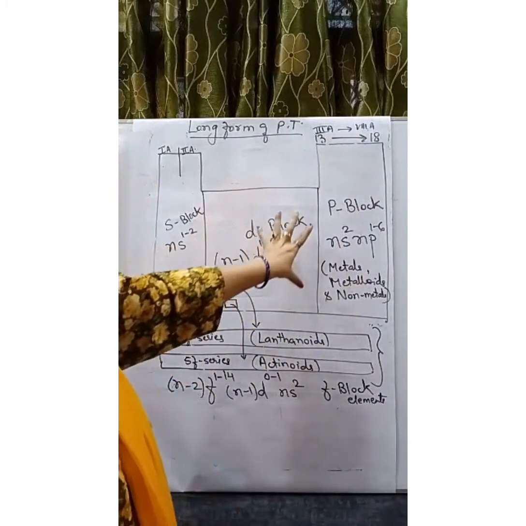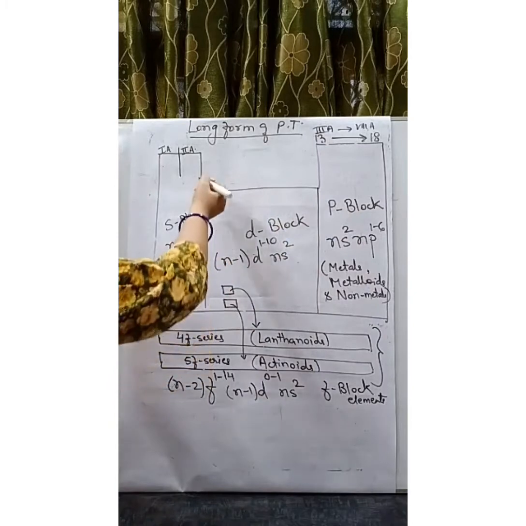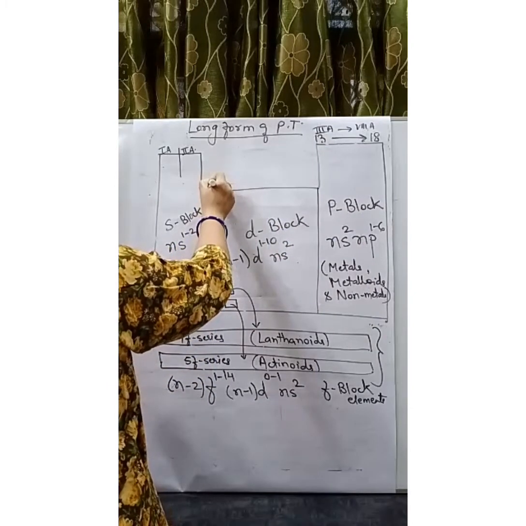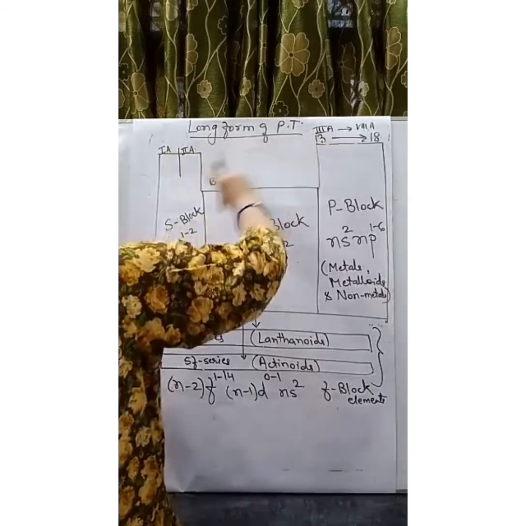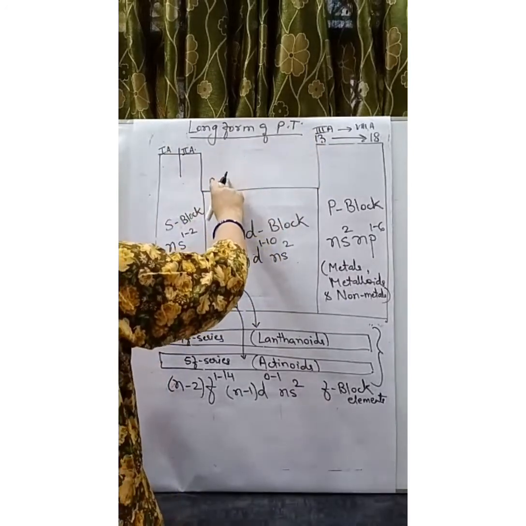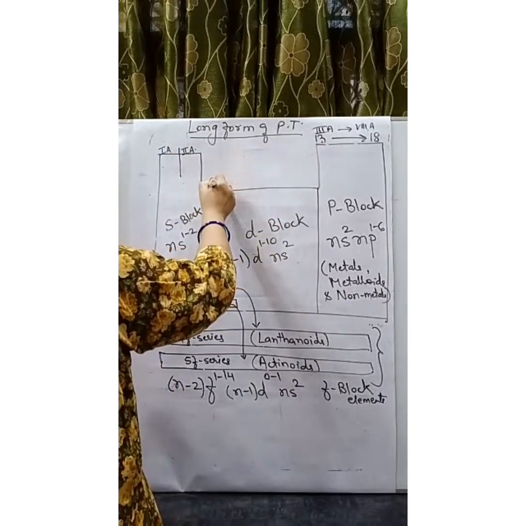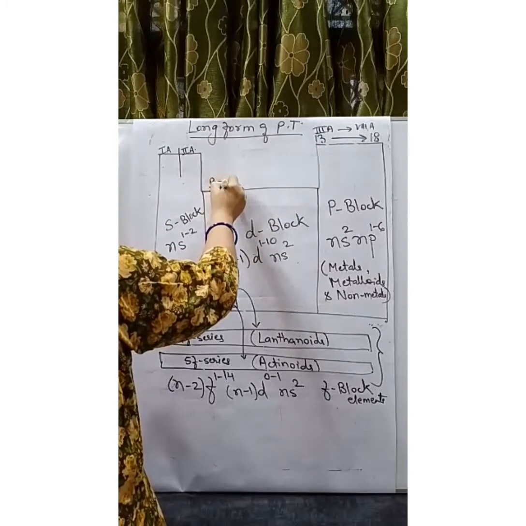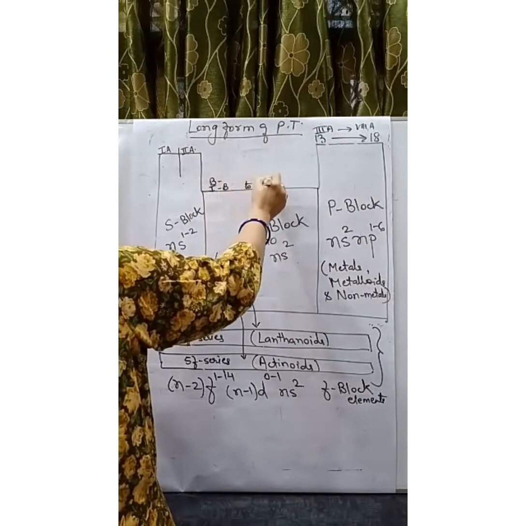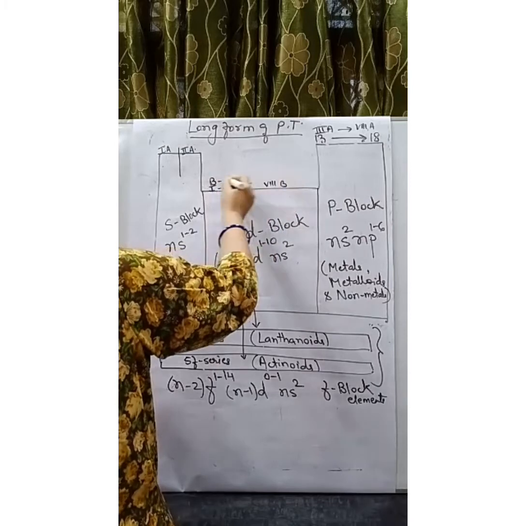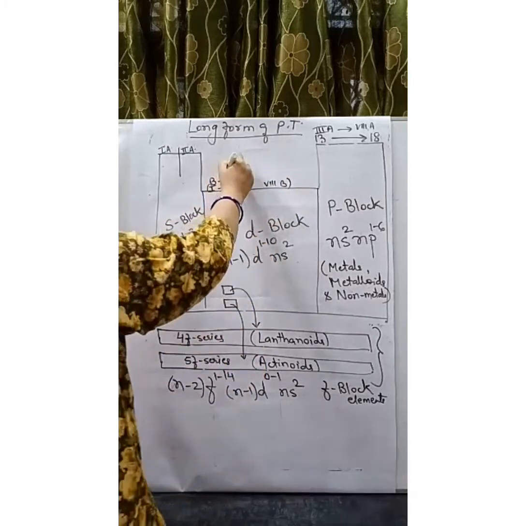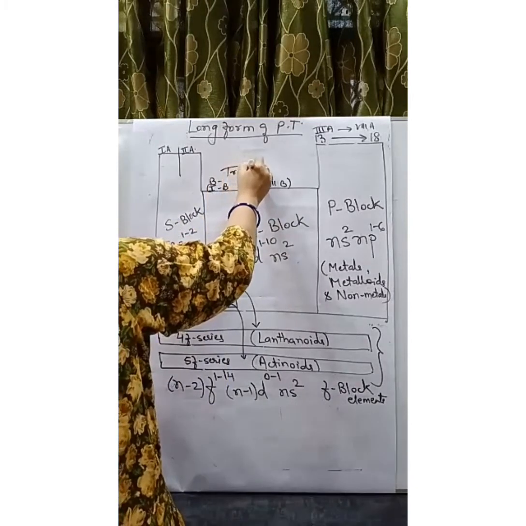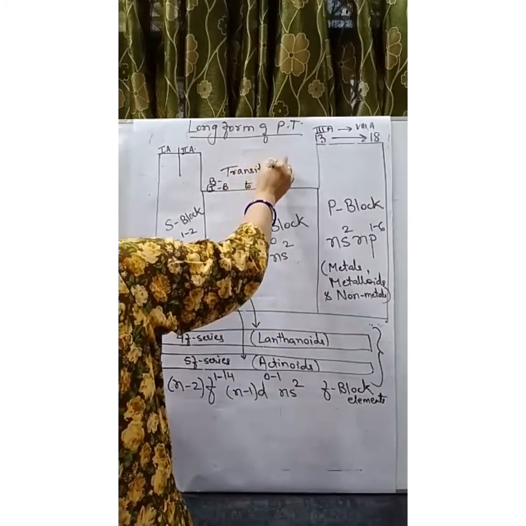In the center of the periodic table we have the elements of the B block, 1B to 8B. All these elements are present in the center and are popularly known as transition elements.